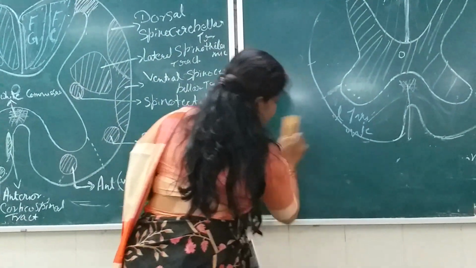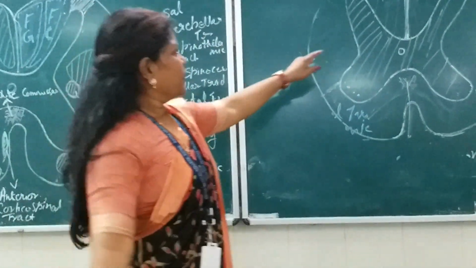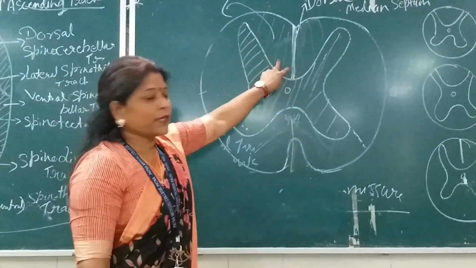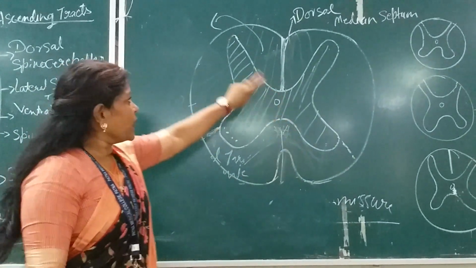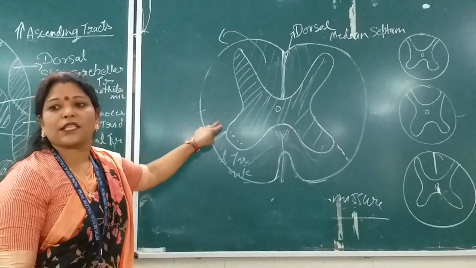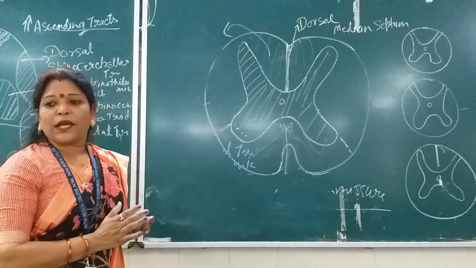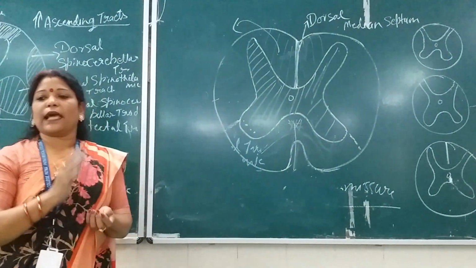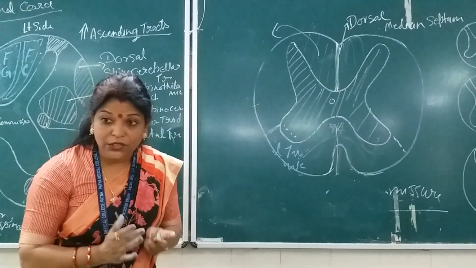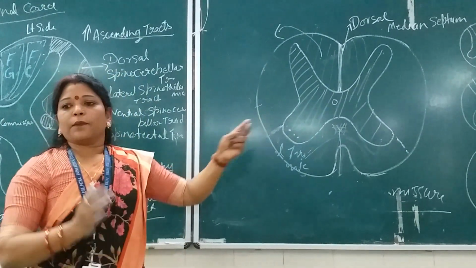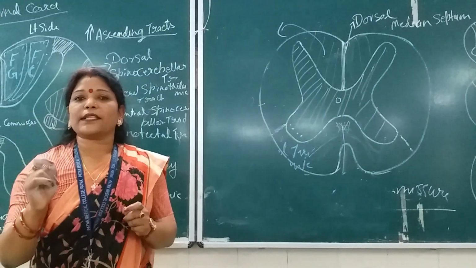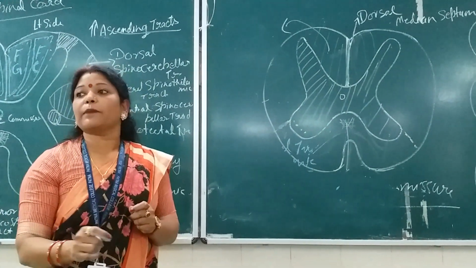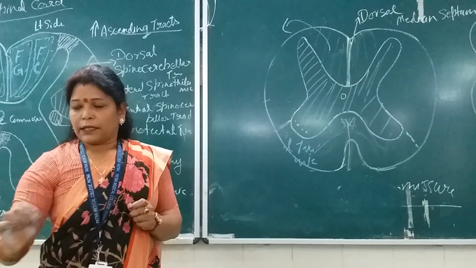So these are the dorsal funiculus, the lateral funiculus and the anterior funiculus. Now this area is the white matter, and white matter means the axons are covered by the myelin sheath. So white matter is mainly composed of myelinated nerve fibers, but some non-myelinated nerve fibers are also present.